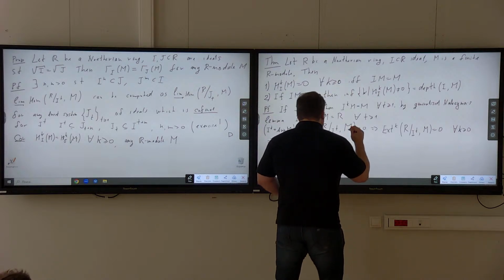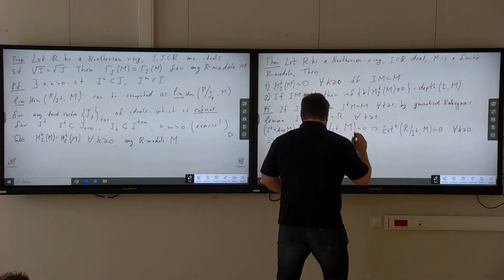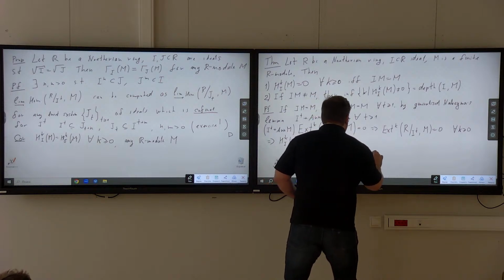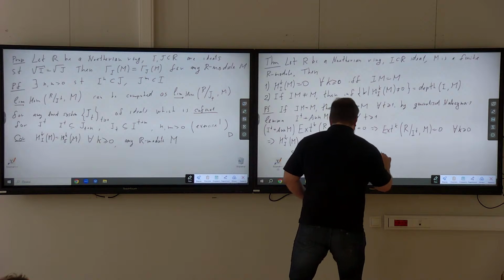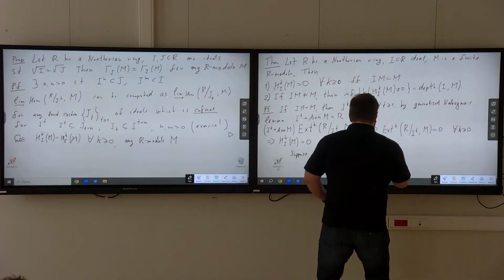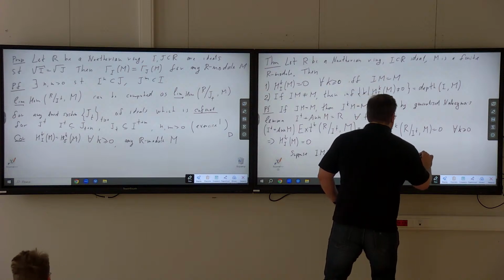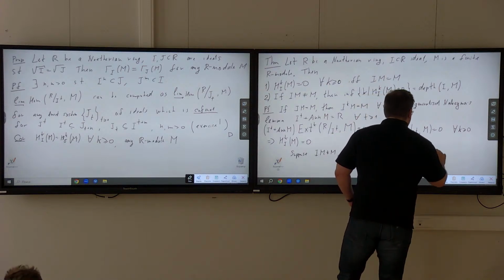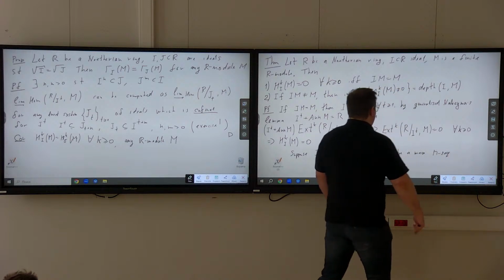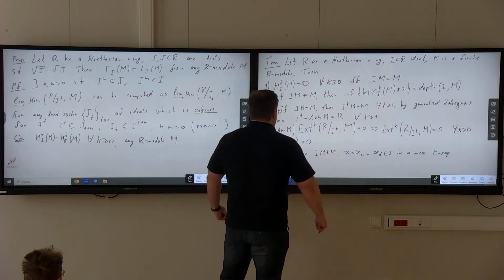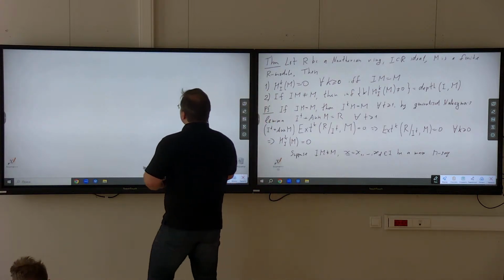And then I choose a maximal M-sequence in I. So let x1 up to xd inside I be a maximal M-sequence. So in particular, assuming that the depth is equal to d. So the goal is to show the following.